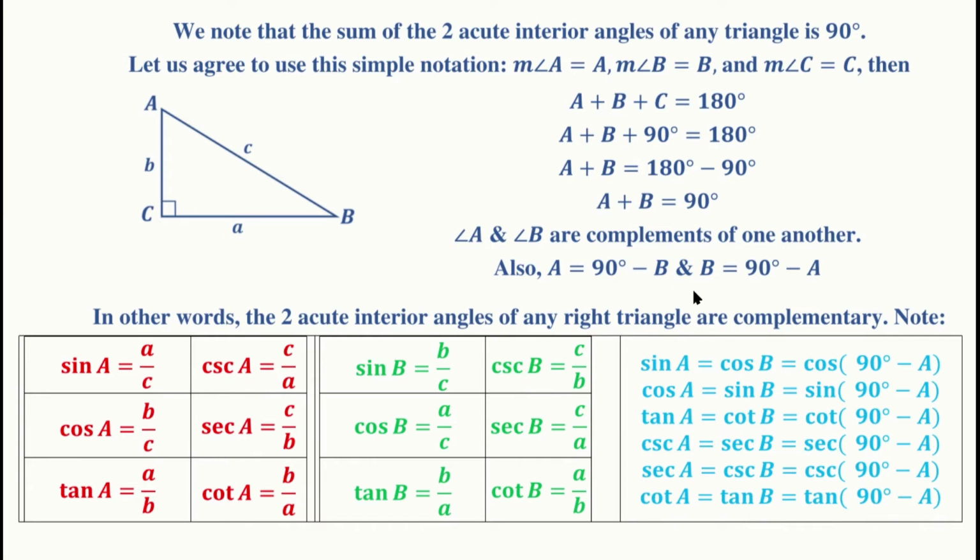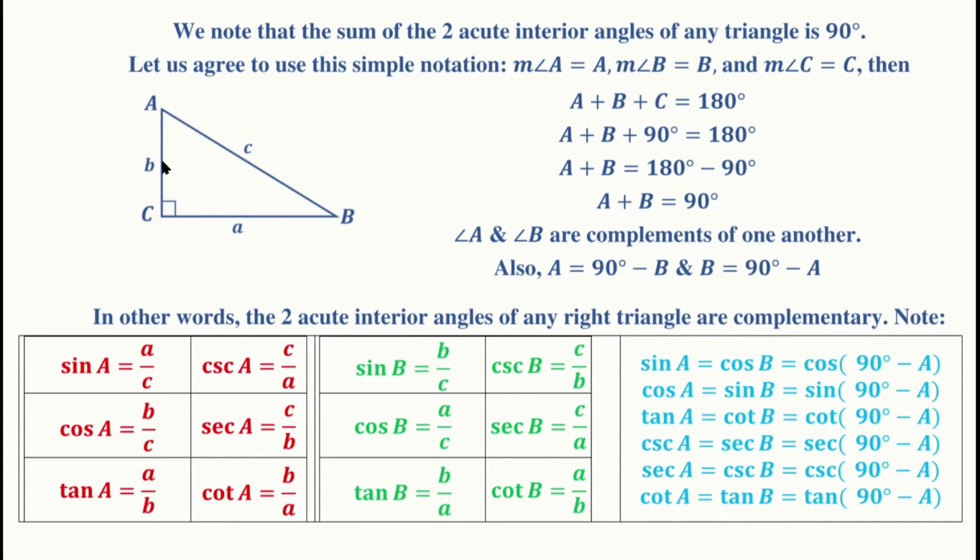If one angle is a complement of another angle, then the other angle is also a complement of the first angle. So we also note that if the sine of A, here's A, sine is, remember, SOHCAHTOA, opposite over hypotenuse, so A over C, right?